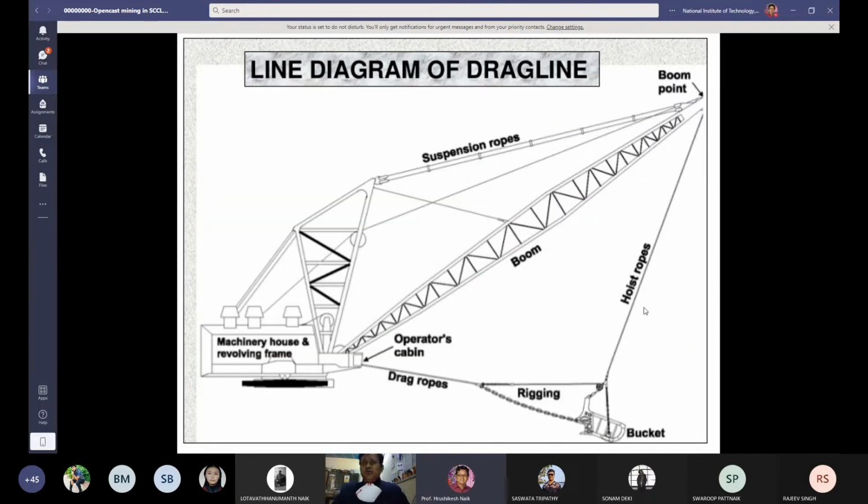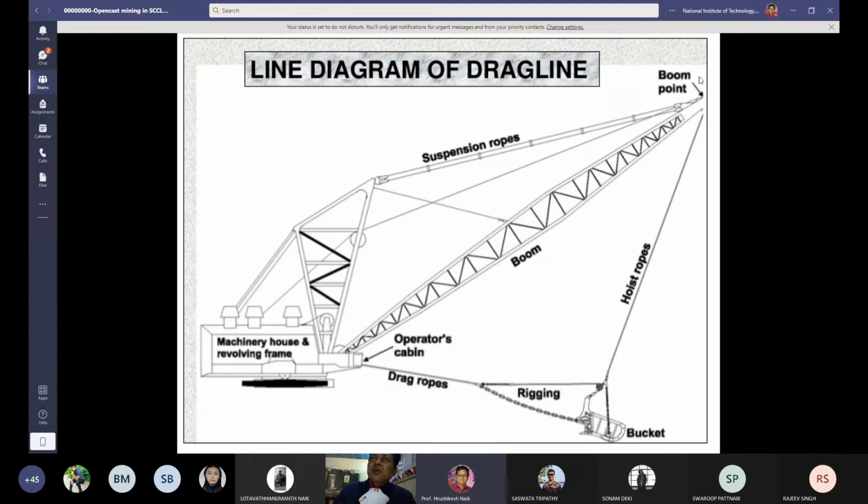So here in this line diagram of the dragline, this is the boom point, and this is the boom, and the total length is called the boom length.